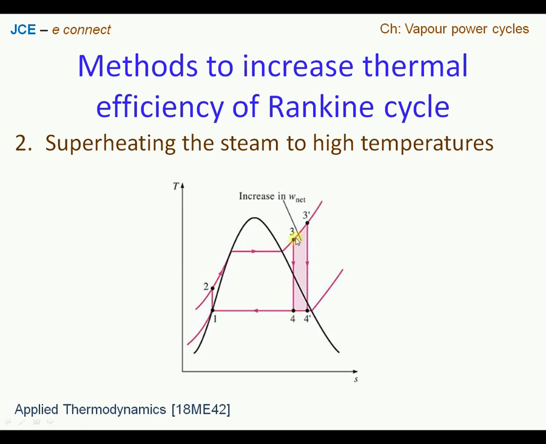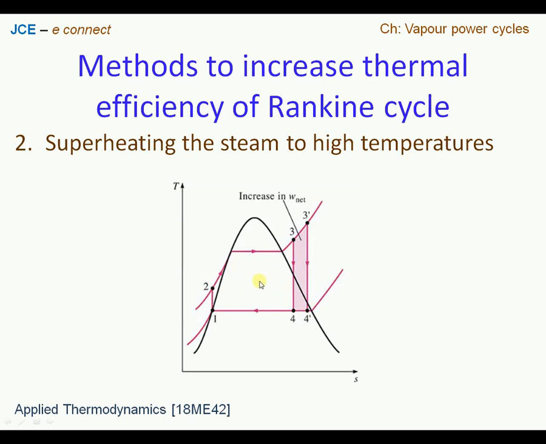Earlier, the expansion from point 3 ended at point 4, which had some dryness fraction X at 0.4. Now because of superheating, the dryness fraction has increased. That means more and more vapor is coming towards the dry saturated curve. So this is good news, and it can help in better performance of the cycle.